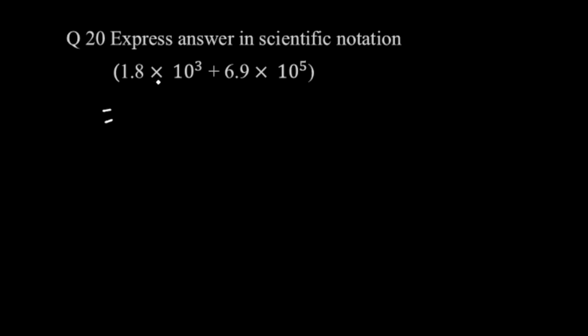1.8 multiply 10 to the power 3 plus 6.9 multiply 10 to the power 5. We have power 3 and we have power 5. In such types of question, always try to make the same power.